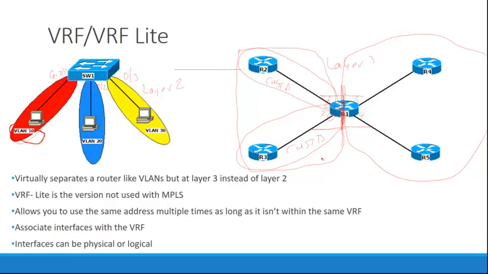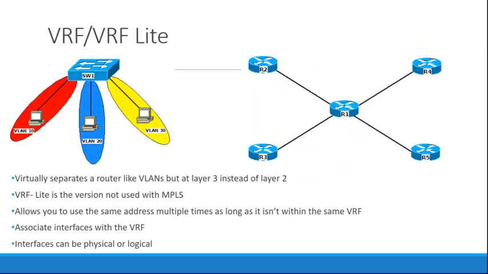Couple things. Because they are separate instances of forwarding tables, you can use the same IP addresses. And specifically, I'll show you that. What I think I'm going to use up here is 192.168.1.0/24. I'm going to use that here. I'm going to use 192.168.2.0/24 here.